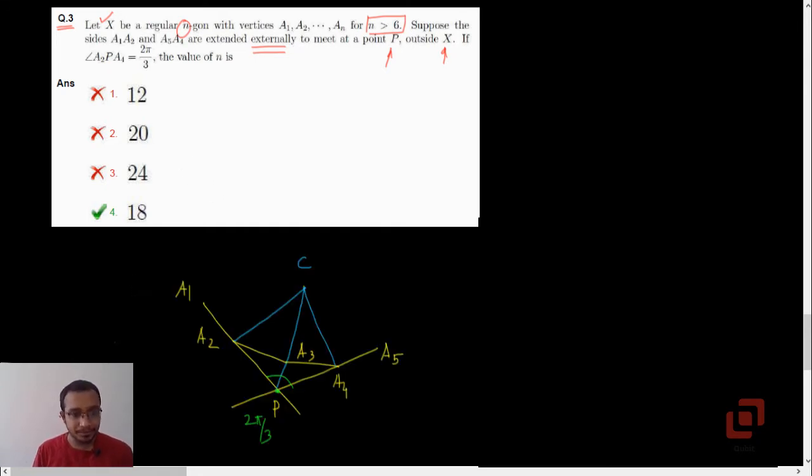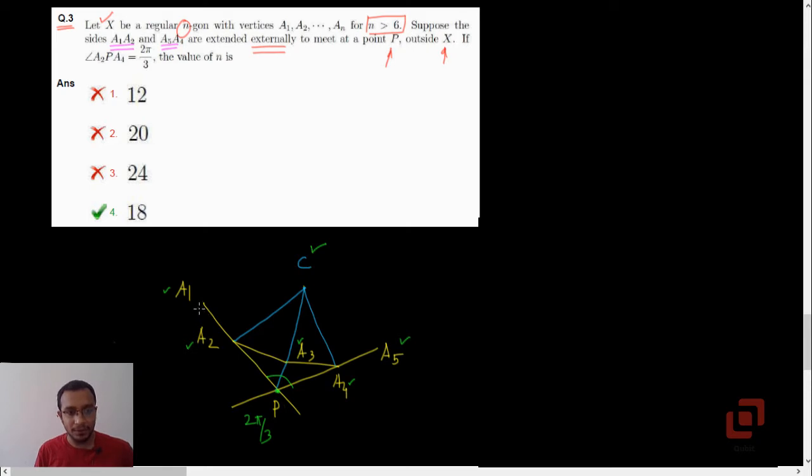Suppose C is the center of this particular polygon and a1, a2, a3, a4 and a5 are the adjacent five vertices. Now what they are saying is sides a1a2 and a5a4 are extended externally to meet at a point.